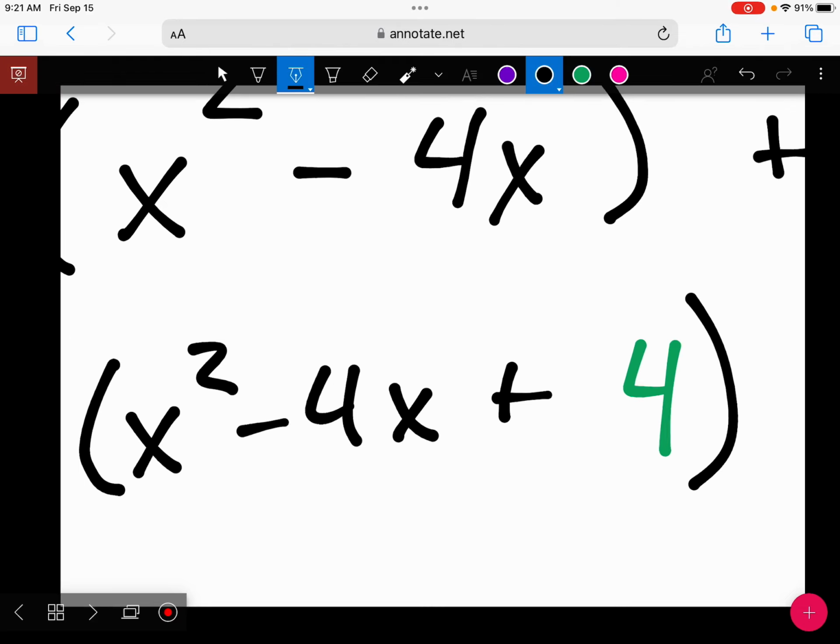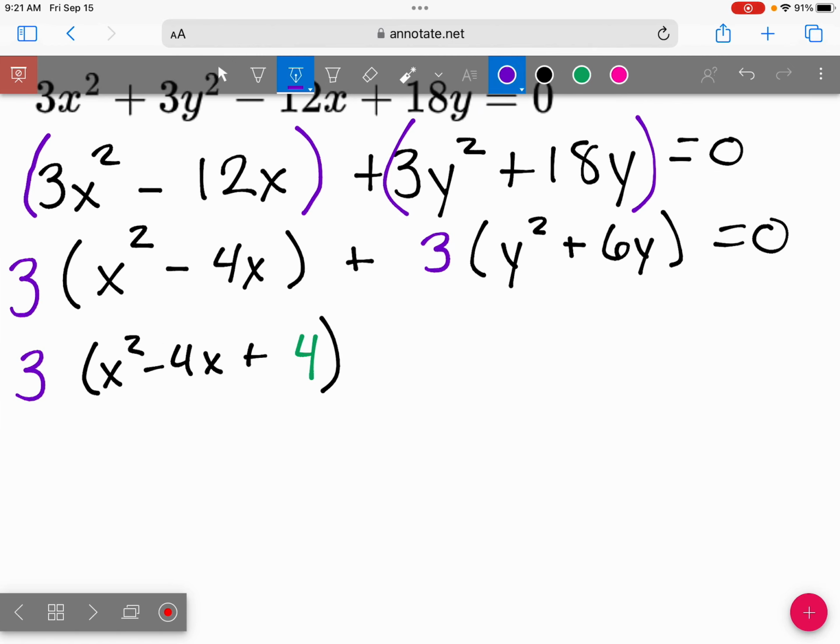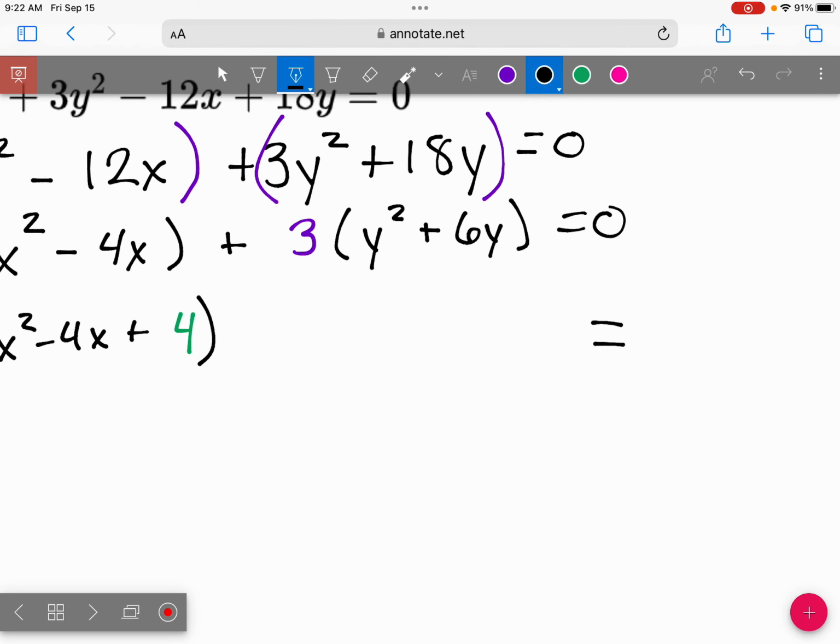Just add numbers, as long as we do what? Add it to both sides. So on the other side of my equal sign, we need to add what? Because this 4 still has this times 3 in front. So over here, on my side with the 0, we are adding the 3 times that 4.